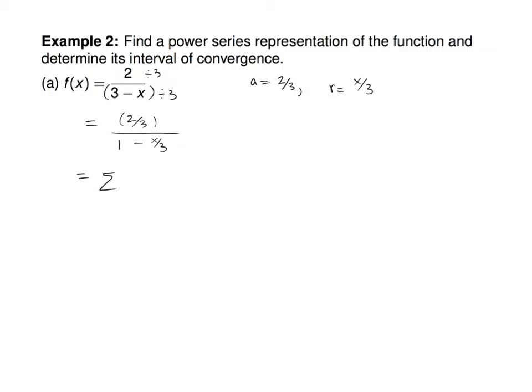So this is the sum from n equals 0 to infinity of a r to the n. And then plug in your stuff. Your a is 2/3, and the entirety of x over 3 is raised to the n. Oh, don't let me forget to do the interval of convergence. I forgot to do it in the previous one. Is everyone okay with the whole plugging stuff in bit of that?